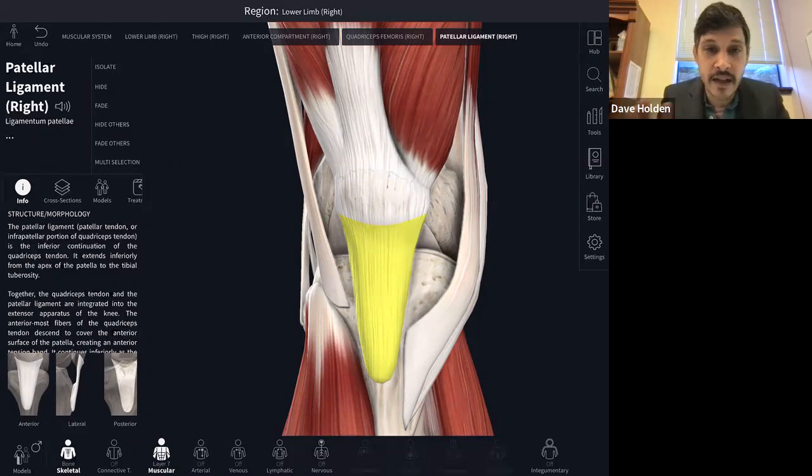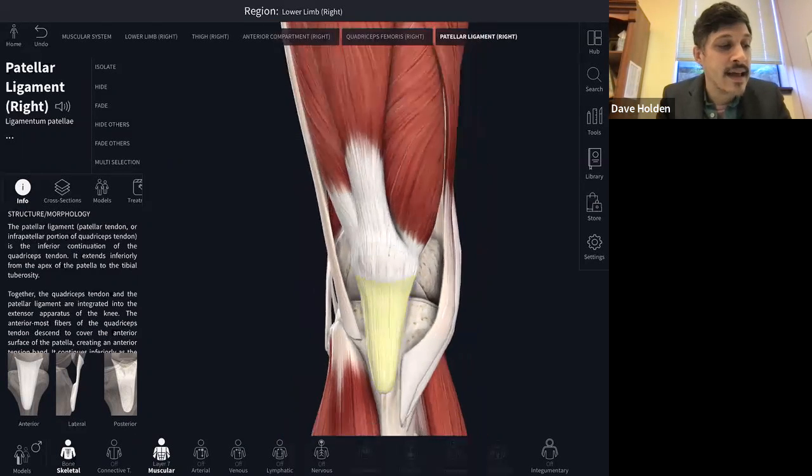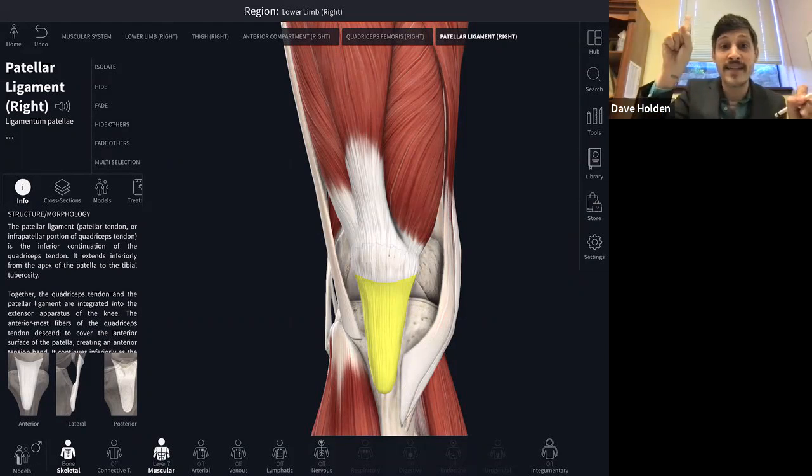I want to be very clear, guys. That is a dotted line that we are drawing on a piece of tissue, right? We are taking our magic marker and we draw a line and we say, up here, there be tendon. Down there be ligament.